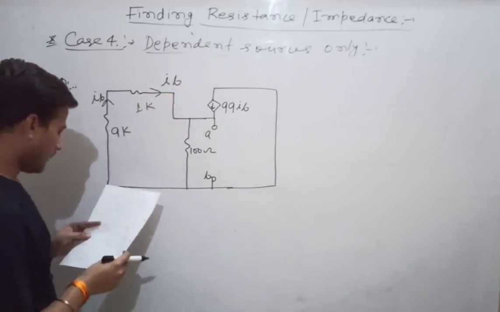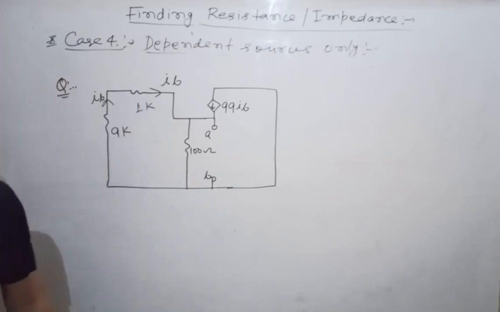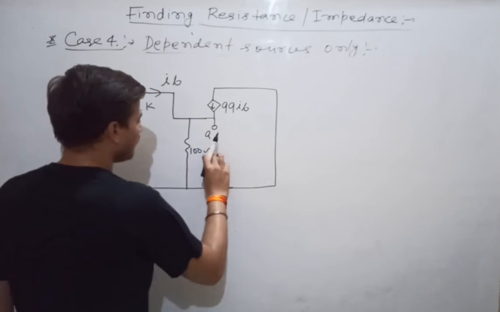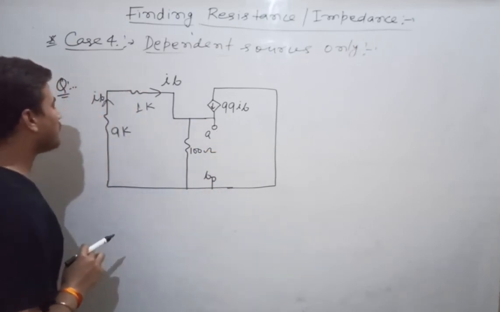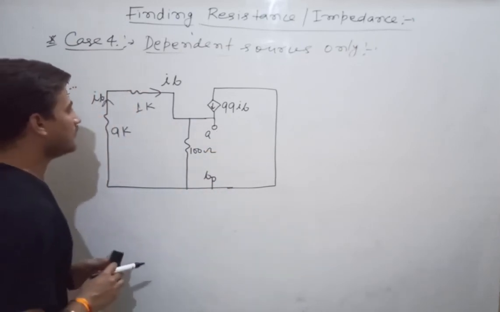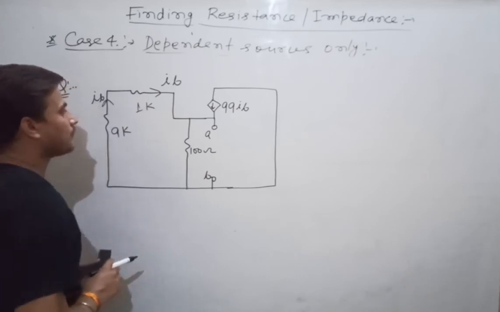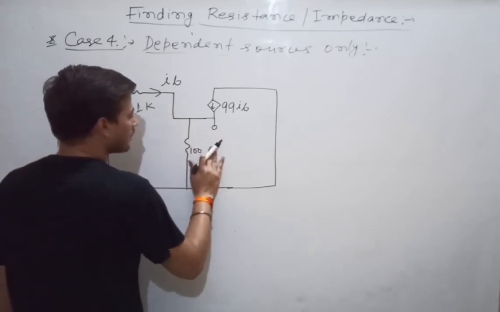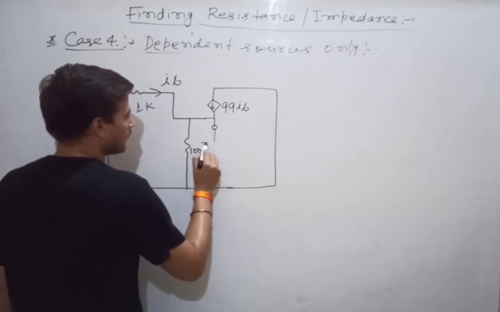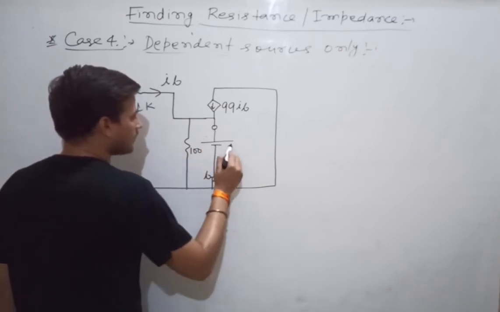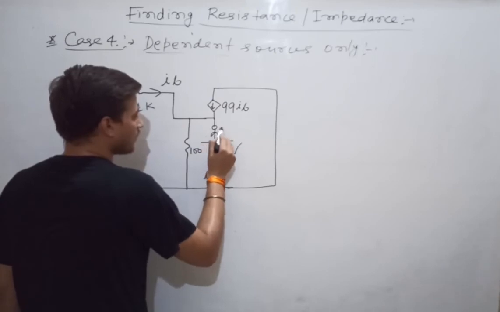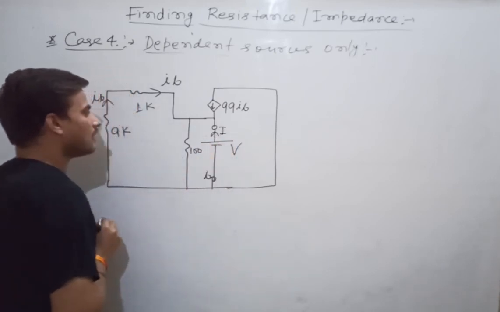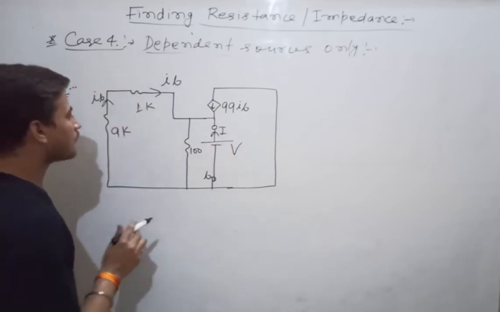Clear? So now you have to find the equivalent resistance between A and B. So let us see how you will find it. You will connect a V volt battery here. The current coming out from this battery will be I.